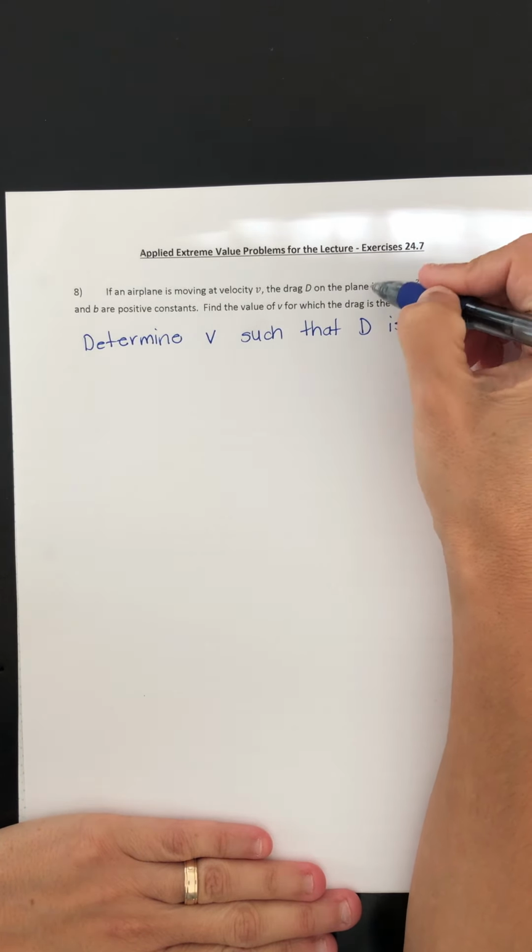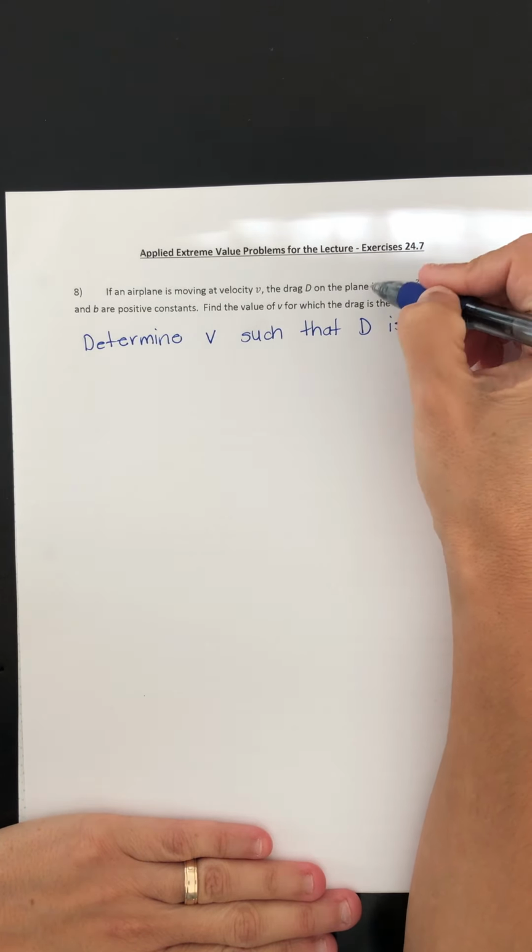So we need to find the derivative of d, treating v as the variable. In order to do this, we should rewrite the equation as av squared plus b times v to the negative 2. So we have to rewrite the function so that v is not in the denominator.